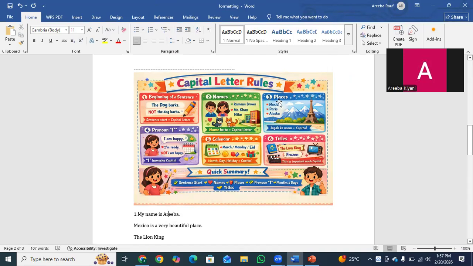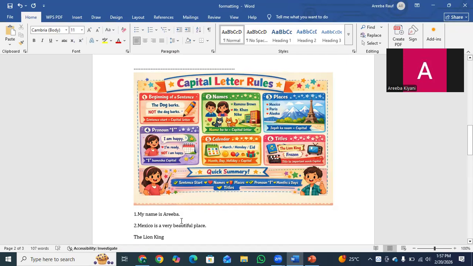The next one is places. Yes, we can also keep the words of the places capital, like Japan, America, and also city names like New York, etc. Any place's name is capital, okay?